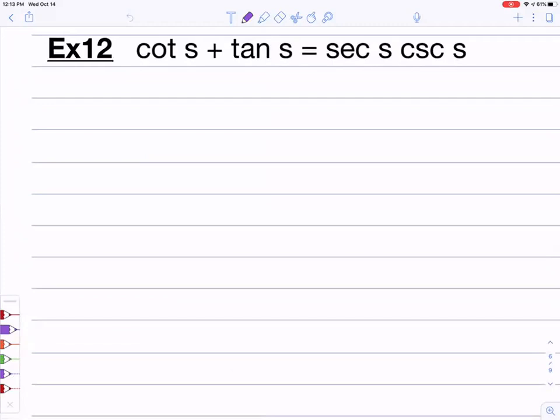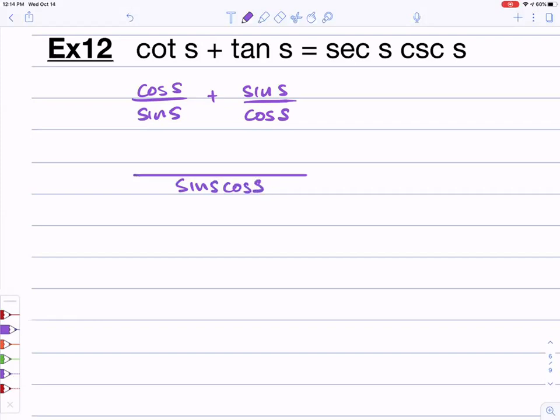So if that's the case, this is going to be cosine of S over sine of S plus sine over cosine. Getting a common denominator, your common denominator will be sine cosine. This guy is missing the cosine.